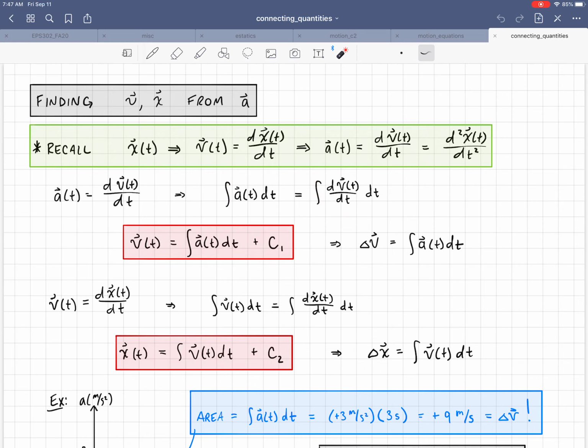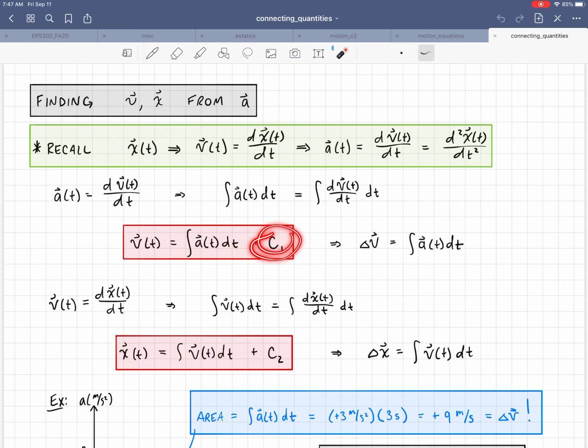So when I do that, this side over here just becomes the velocity, and then this side I'm keeping the same, and then there's a constant value that comes about from this integral. And it turns out that this constant value is essentially related to the initial velocity of the object. This is the velocity at any time t.